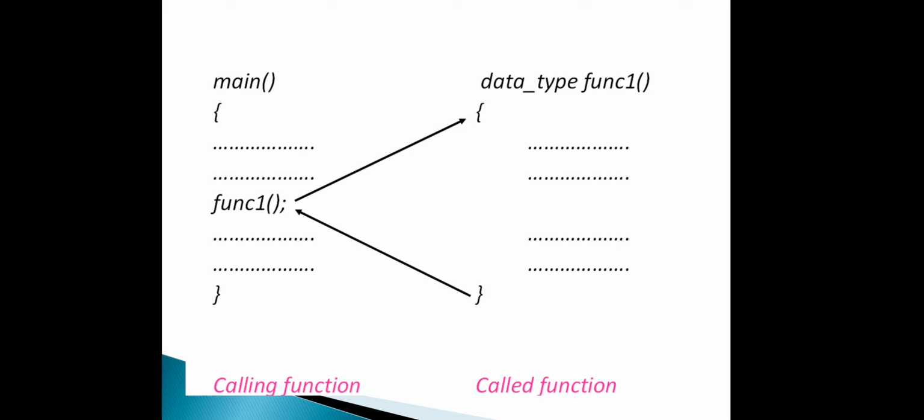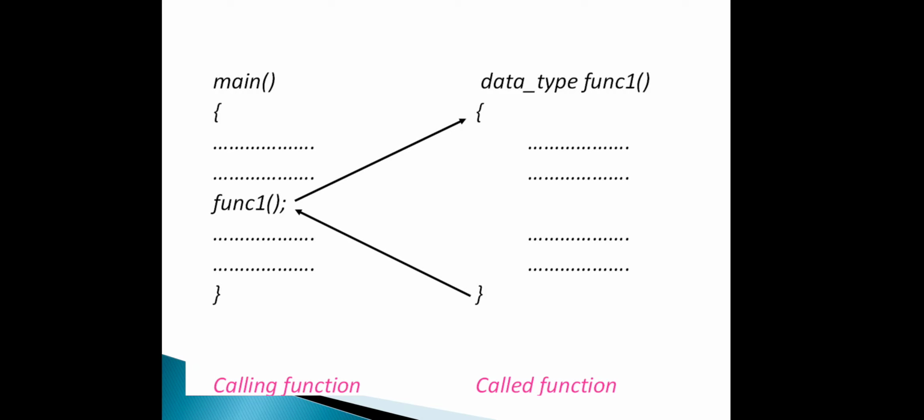Here the calling function contains one function named function 1. This particular function will be called by the main function. Once it is called, control will be passed to the called function.